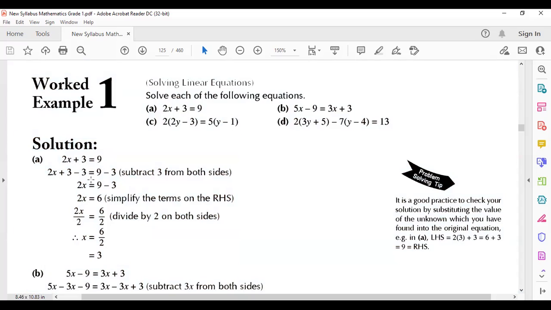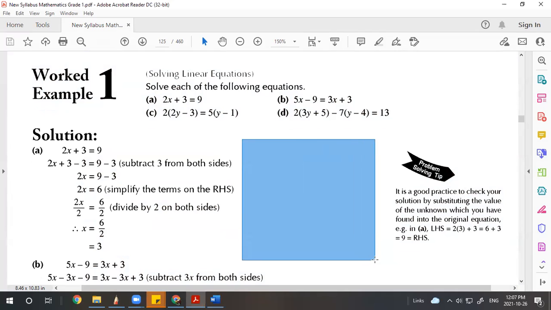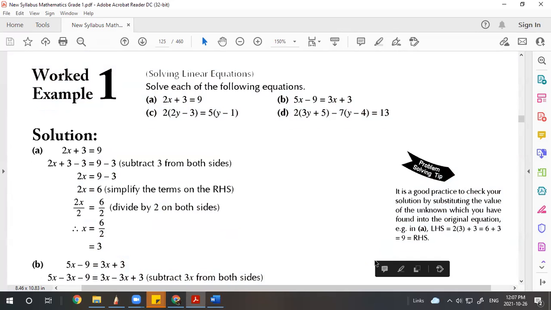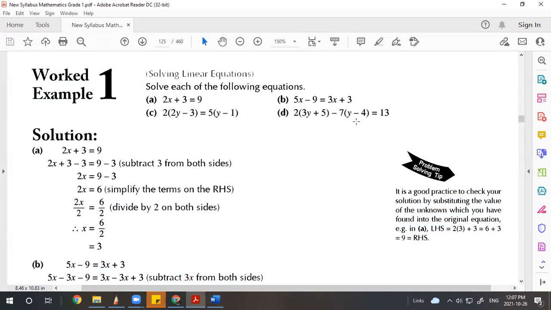See how many steps? 1, 2, 3, 4, 5, 6 steps. So I think we need to simplify for easier understanding. So I will do it on the right side and we will compare which one is the more effective way. But again, let me know whenever you have any question.